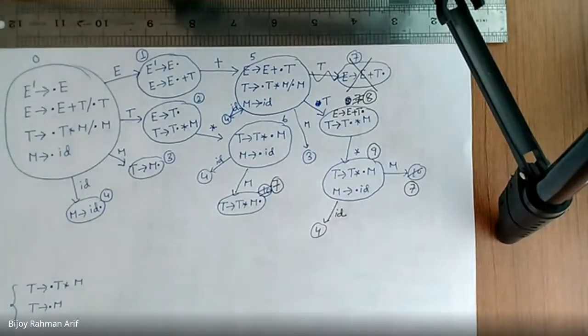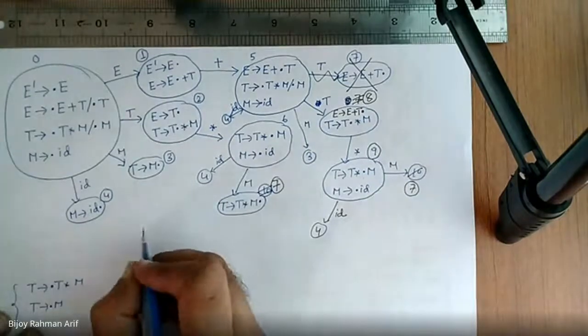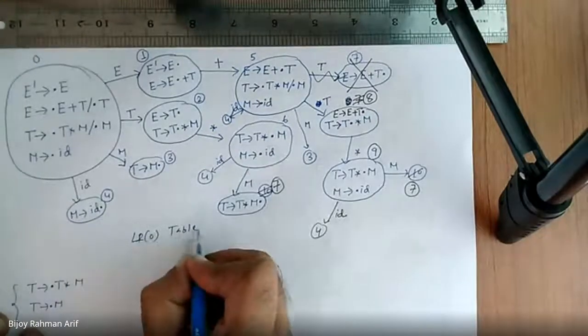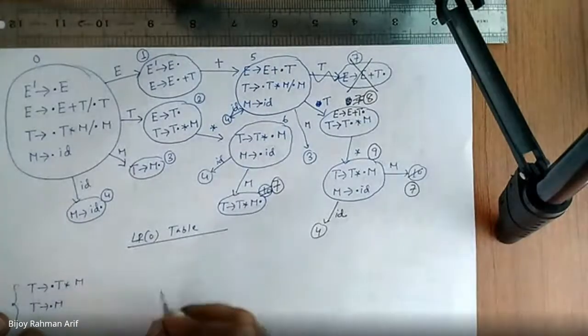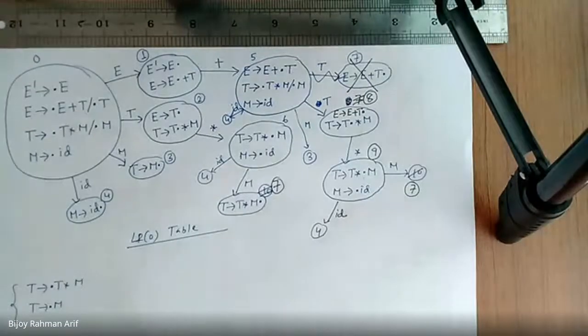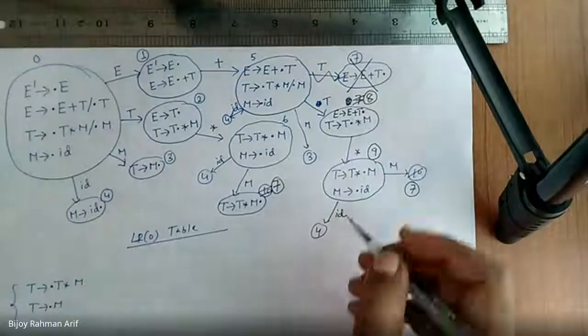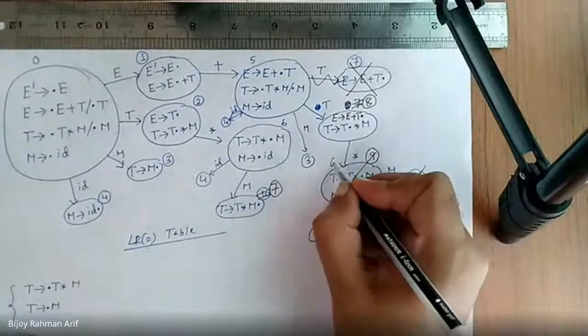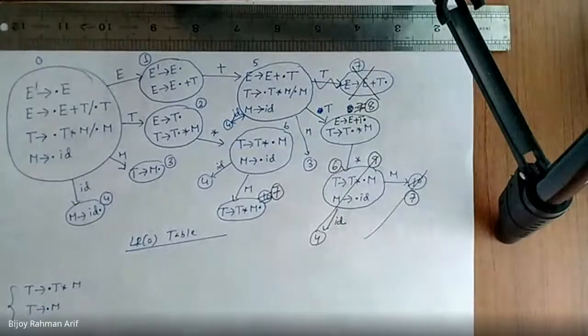So let's draw the LR0 table. See if it is possible or not. So how many states are there? Six states, and 6 and 9 are the same. All right. Then let's call this 6. Yes, good observation.